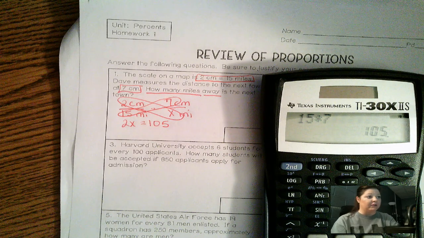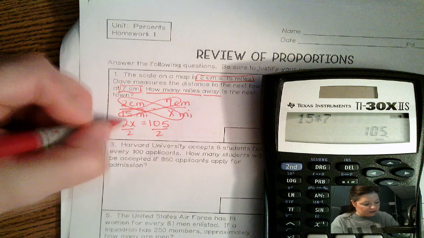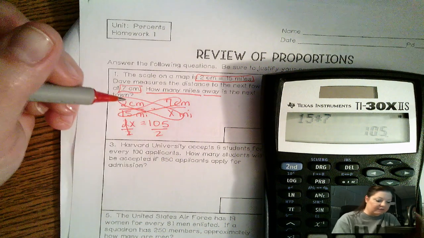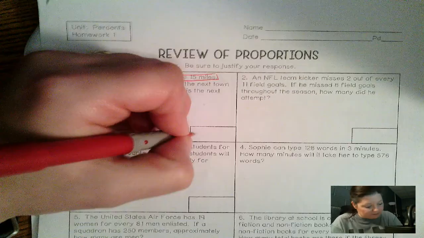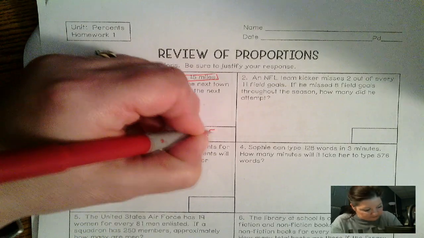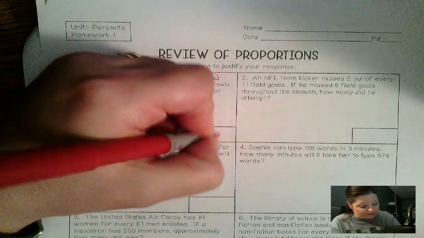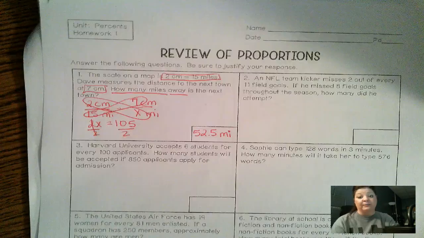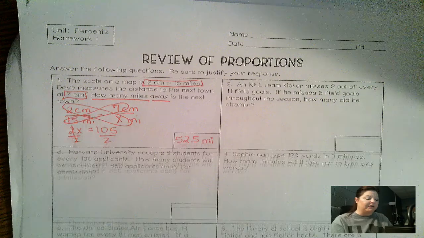Now I can divide by 2 on both sides. And my x is equal to 52.5. So in the box I'm going to write 52.5, and I'm going to look up, and I'm looking for miles, so I need to write 52.5 miles. That's my unit, okay? Now you need to do a restate. I'm not going to take the time to do that right now, but that is the expectation for you guys.